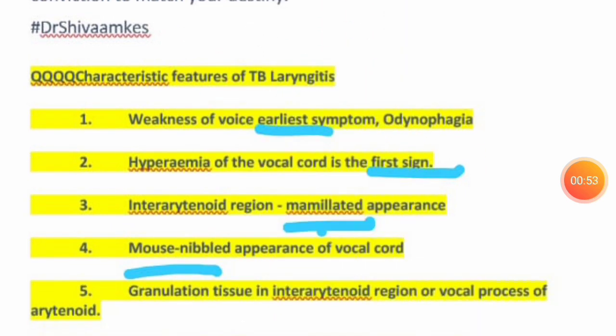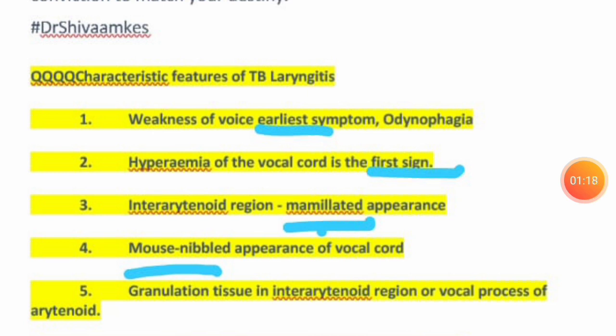TB laryngitis is one of the very important topics, and there are some easy questions from it, but once you know them you will be able to answer; without knowing it's very difficult and confusing. The earliest symptom is weakness of voice, while the first sign is hyperemia of the vocal cords.